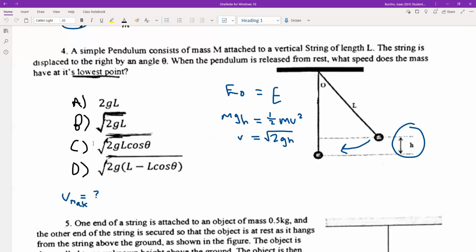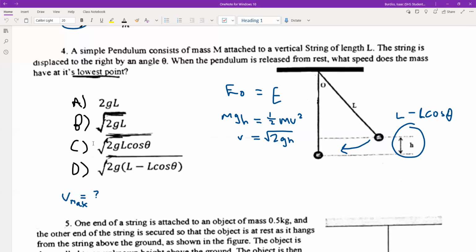And using trigonometry, we would find out that h is L minus L times the cosine of theta. And that is a good equation to remember, because sometimes it can be tricky to derive that. And in certain situations, though, you would have to. But in most cases, it's good to just remember that.